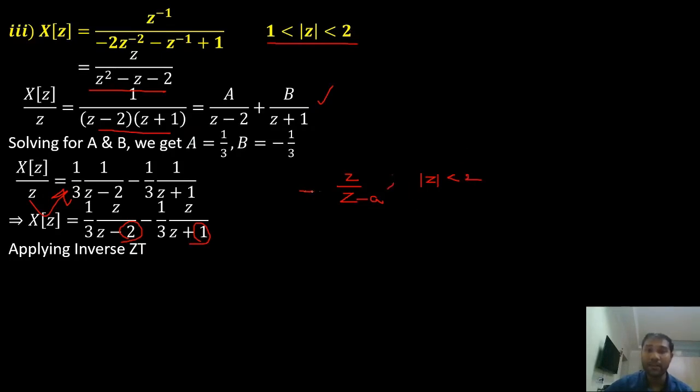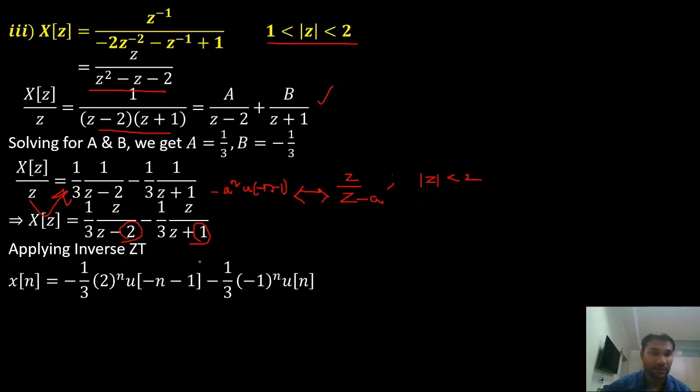That means my signal is an anti-causal signal. So what is the corresponding time domain signal? Minus a power n into u of minus n minus 1. In this case, a is 2, so minus 2 power n u of minus n minus 1. That is for my first term.